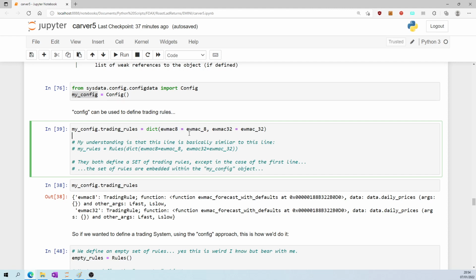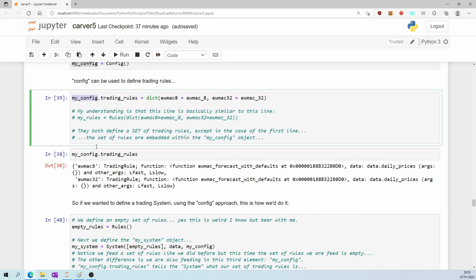My understanding is that this line right here is basically similar to the line that we ran earlier: my rules equals Rules, dictionary, rule 1, rule 2. Both lines define a set of trading rules, except in this line, those rules are being embedded within the myconfig object.